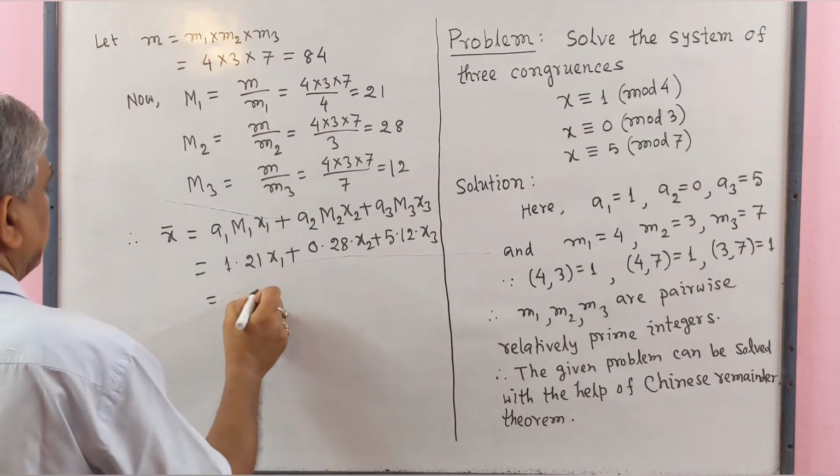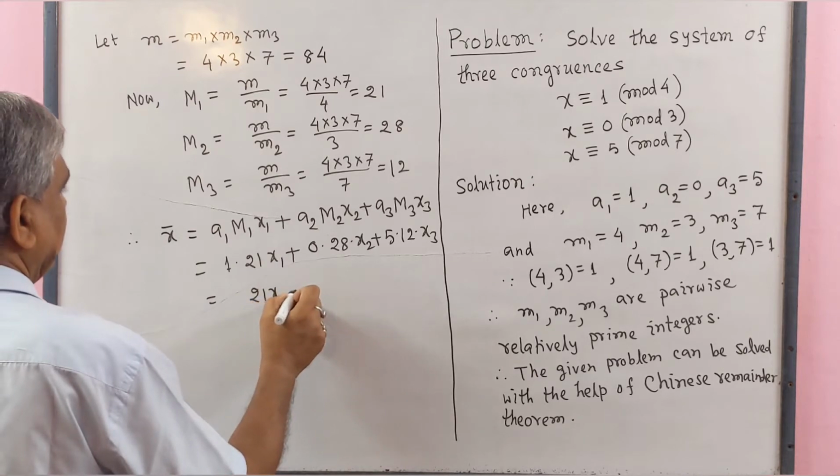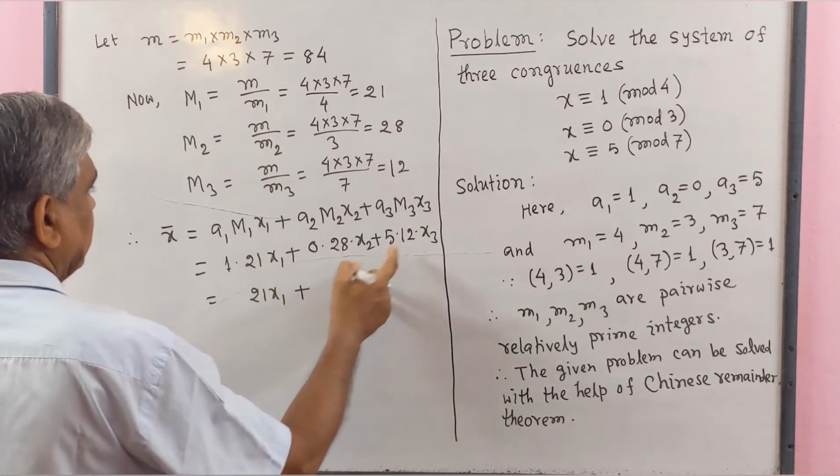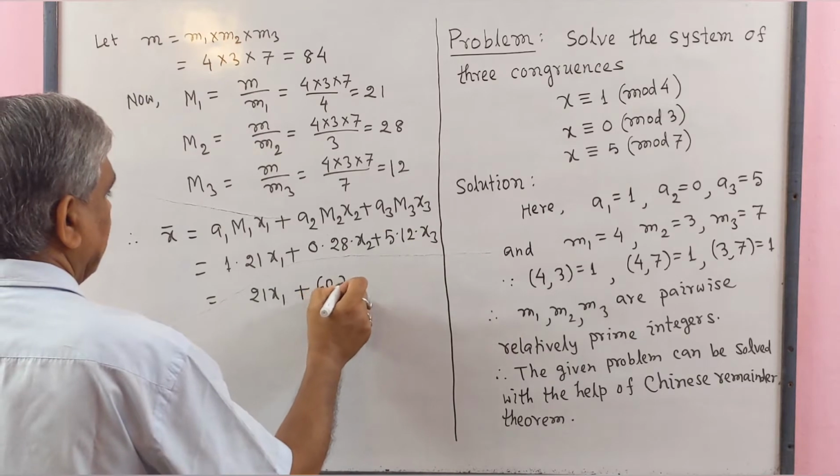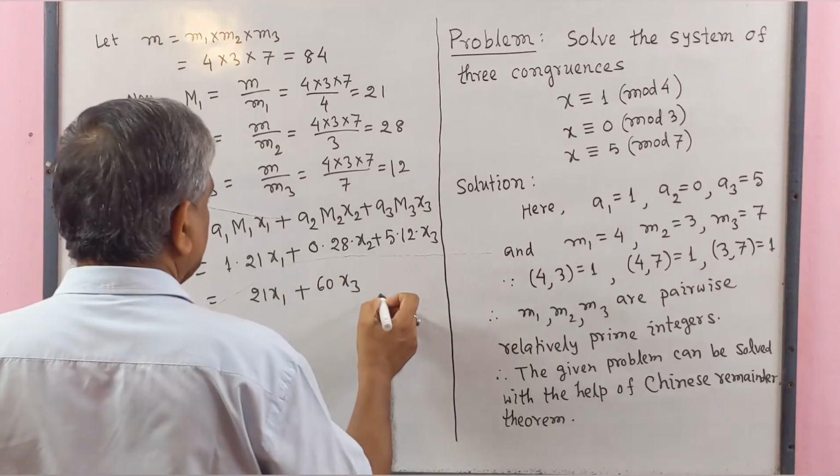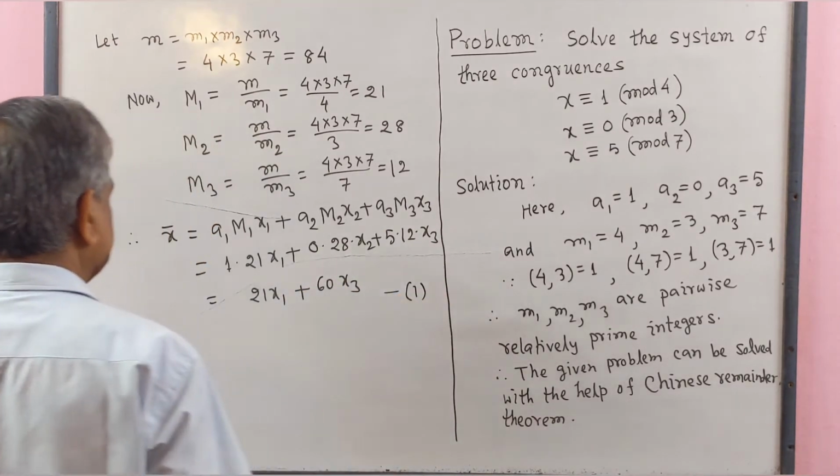This equal to 21 x1 plus this is 60 x3. Let this is number 1.